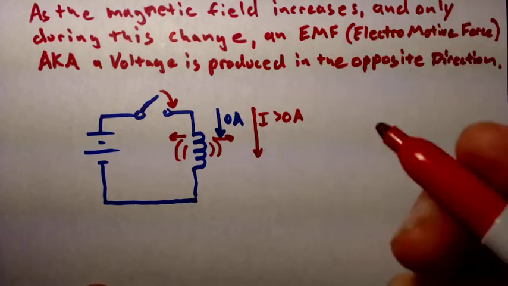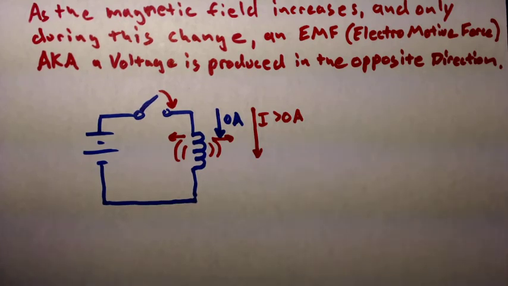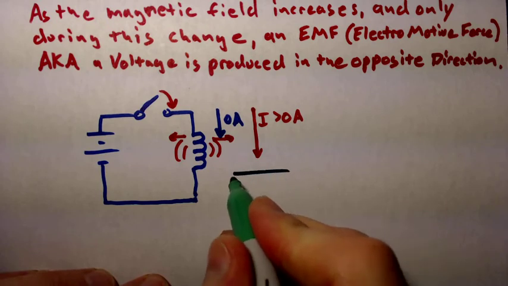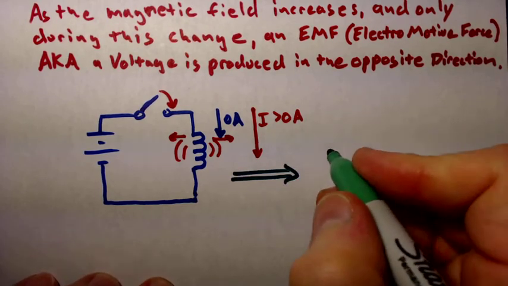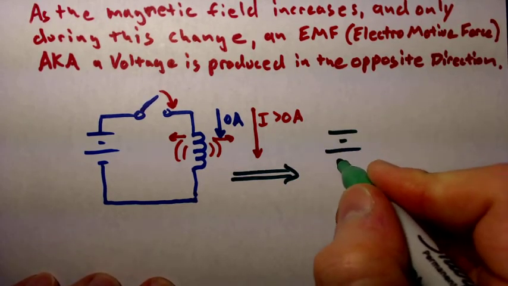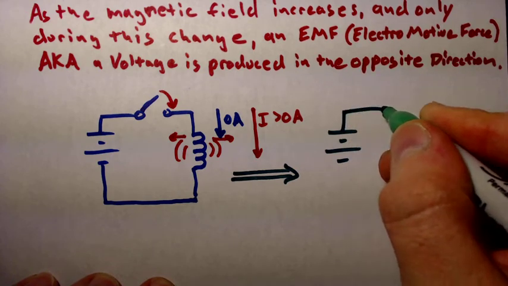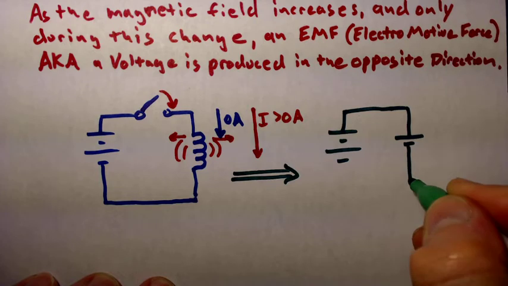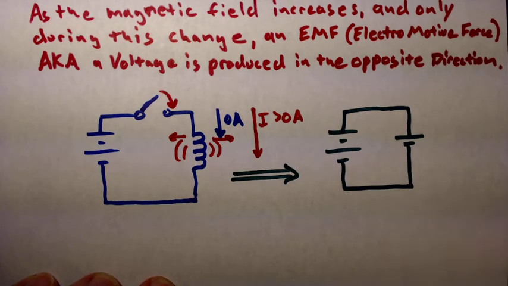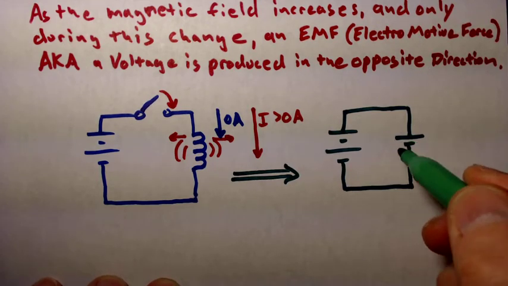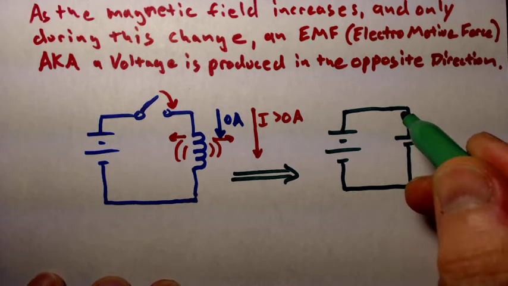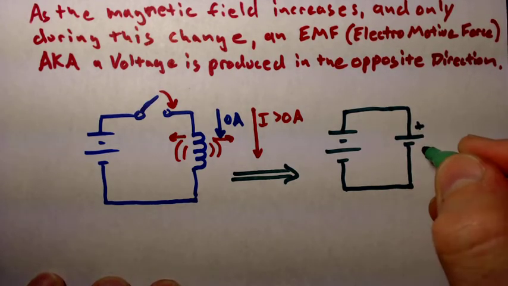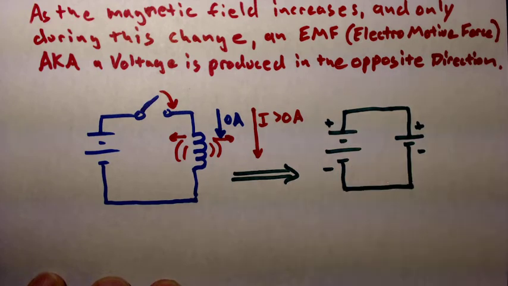So in other words, this circuit, when I close the switch, actually creates a voltage. The inductor creates a voltage in the opposite direction, temporarily.